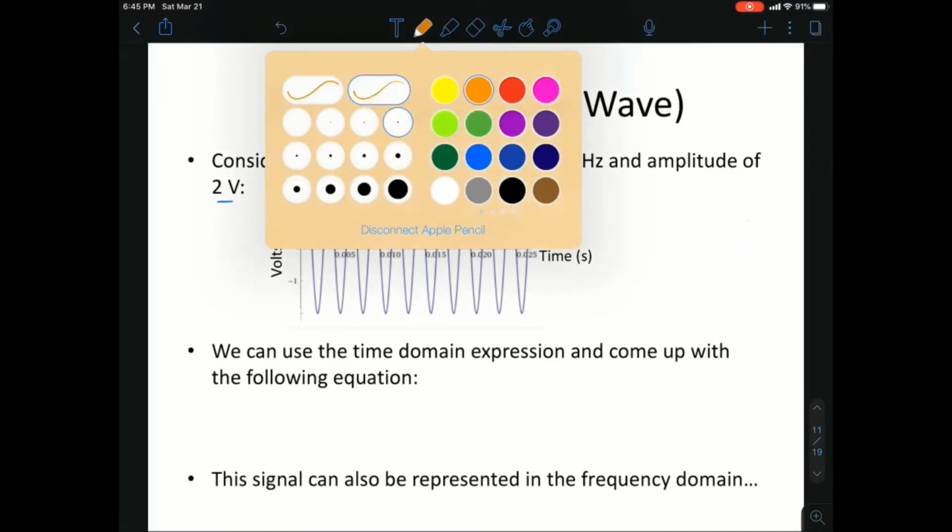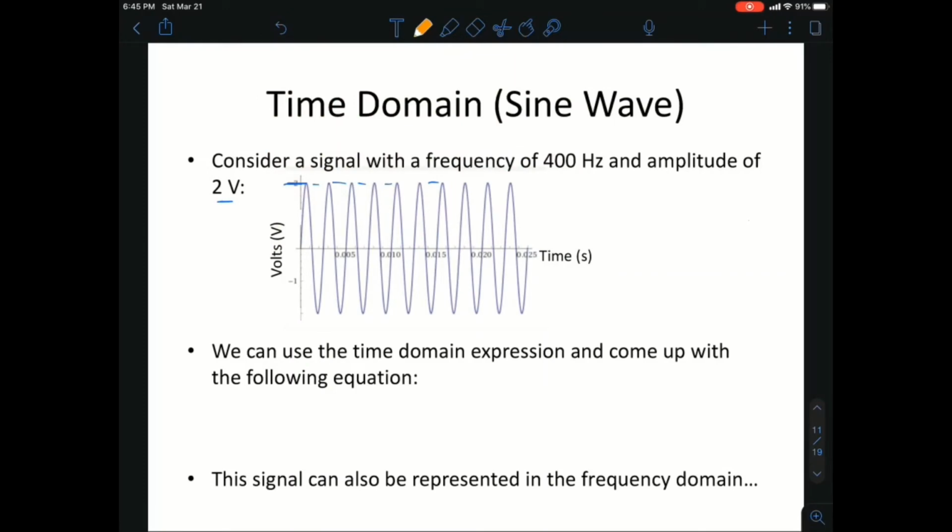And to do that, we're going to check what the time is from the start of the cycle to the end of the cycle. If we say we have a time here of 0.005, halfway in between is going to be 0.0025.